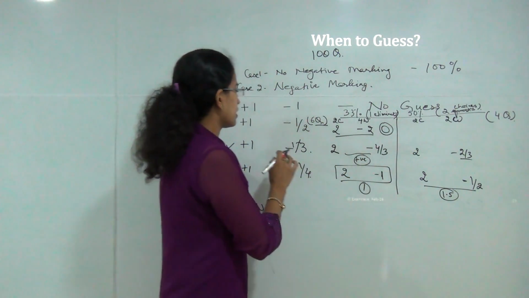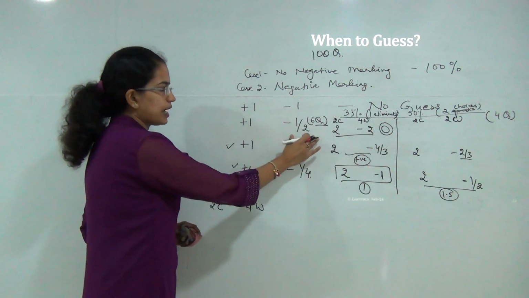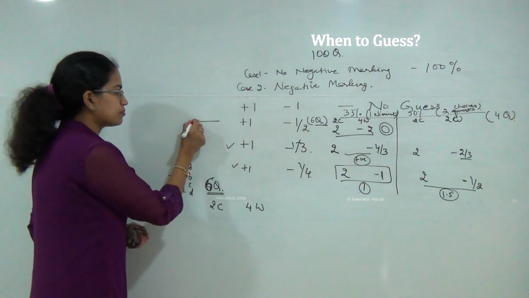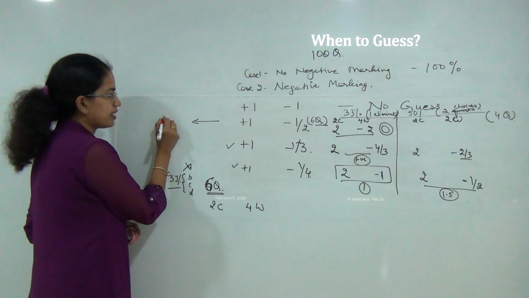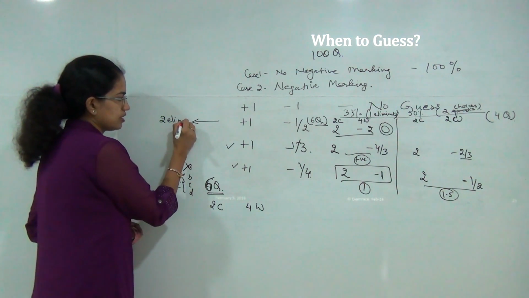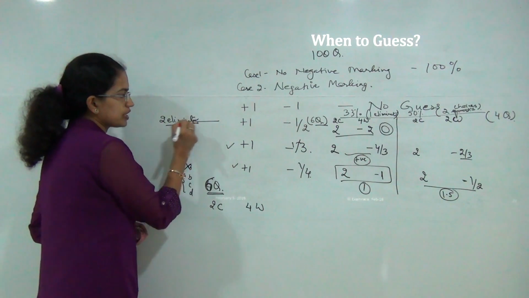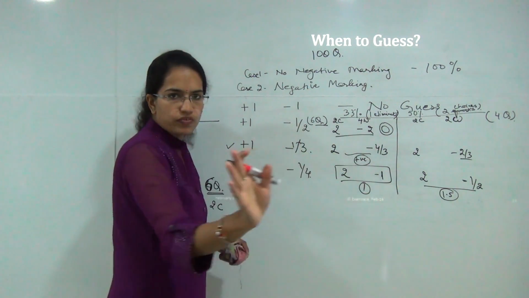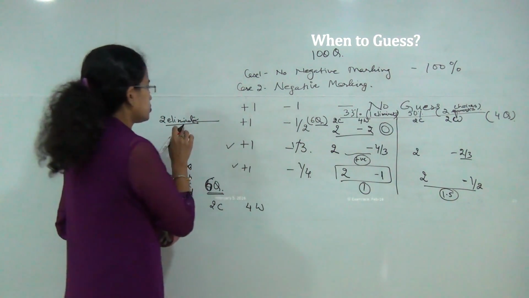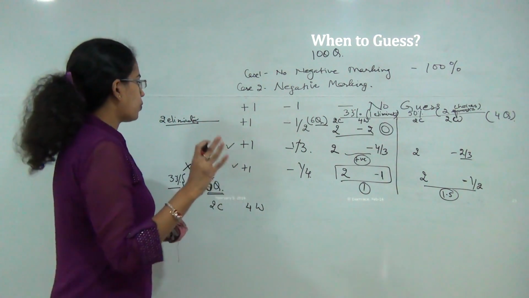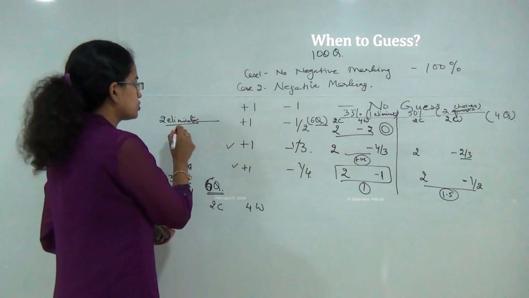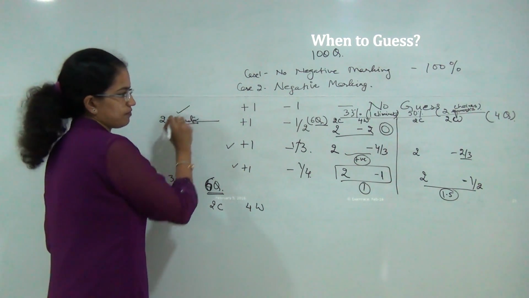That means if there is plus 1 and minus half, you can attempt questions only and only if you are sure about eliminating 2 choices. Because if you are eliminating 1 choice and attempting 6 questions, you land nowhere. So for plus 1 and minus half negative marking, attempt only if you are eliminating 2 choices with full confidence.